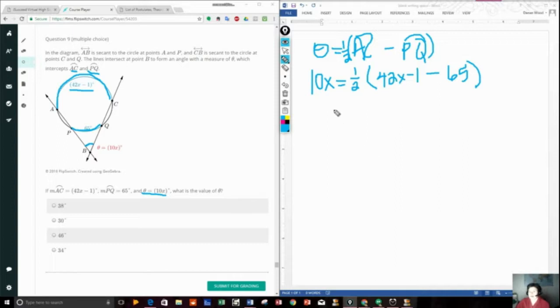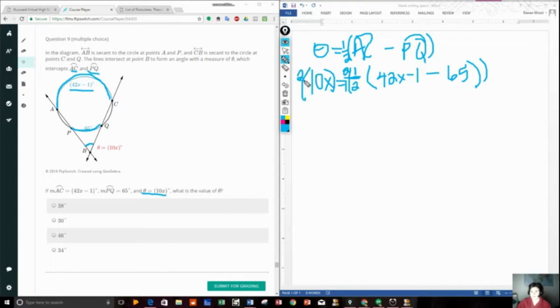The first thing that I like to do is get rid of any fractions. I like to make them 1, and I know that in order to make 1/2 into 1, we're going to multiply it by its reciprocal, which is 2 over 1, and we multiply both sides by it.